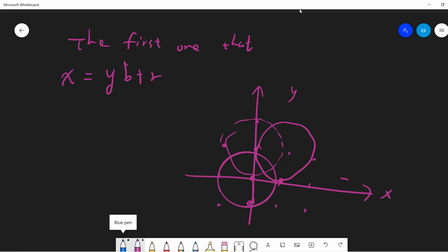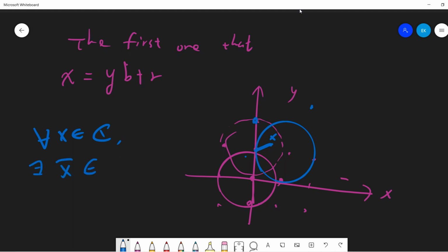And you will find that given any point in the plane, you can always find a Gaussian integer close to it. Suppose you choose this point, call it x, so for any x in the complex plane, you can always find x bar, which is a Gaussian integer, such that the distance x minus x bar is less than square root of 2 divided by 2. Okay, so this is the geometrical picture.